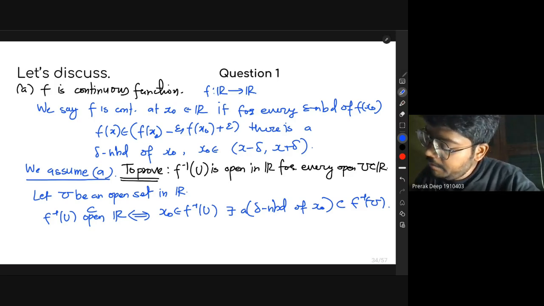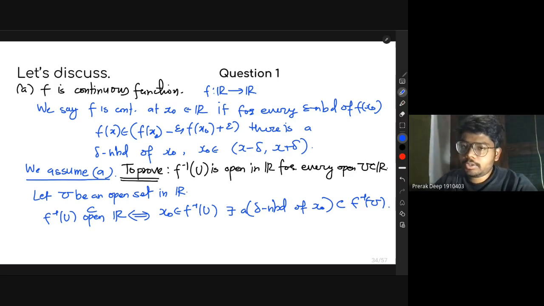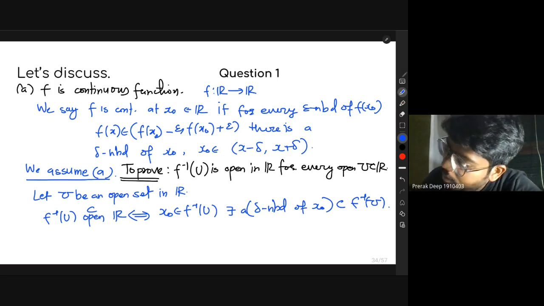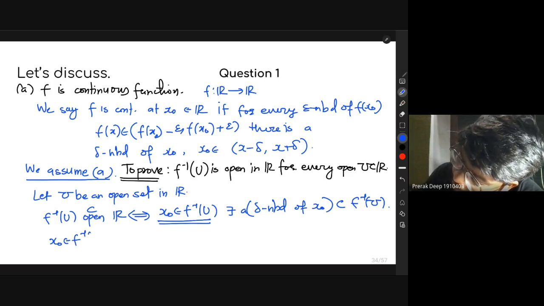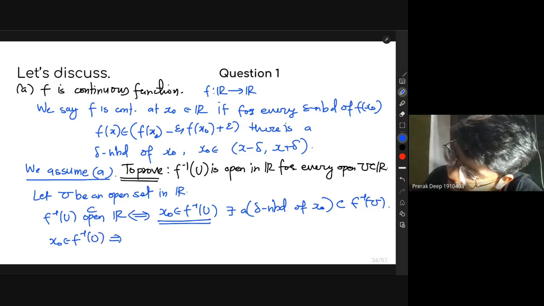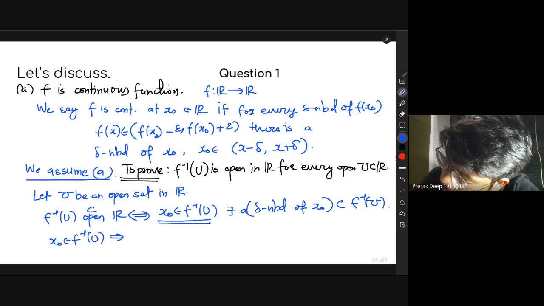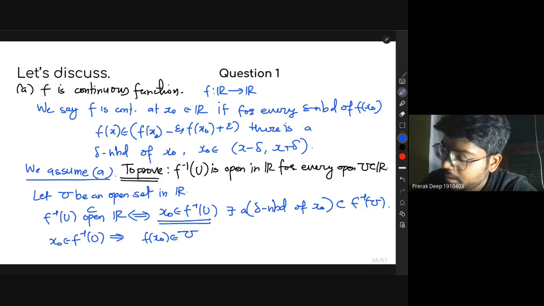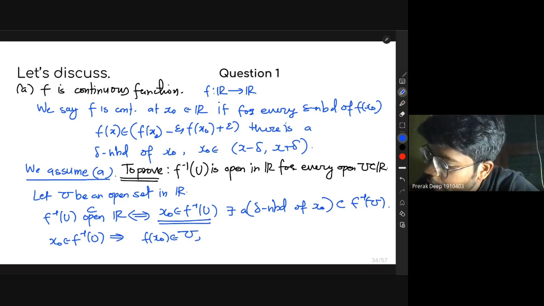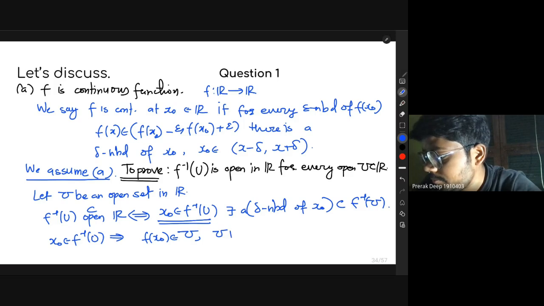If I start with x naught, which is in f inverse of u, it implies that f of x naught is in u, correct? Now we use that u is open.